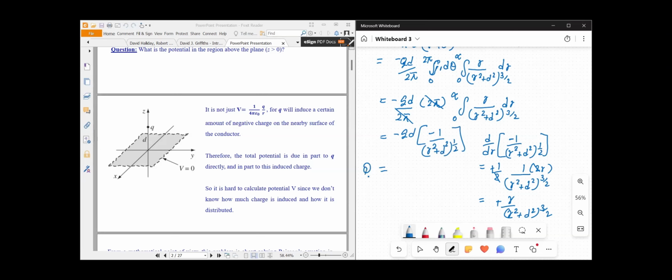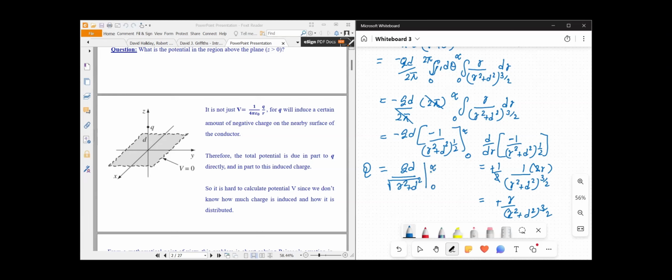Now the total charge is equal to QD times minus 1 over the square root of r squared plus b squared, with limits 0 to infinity.